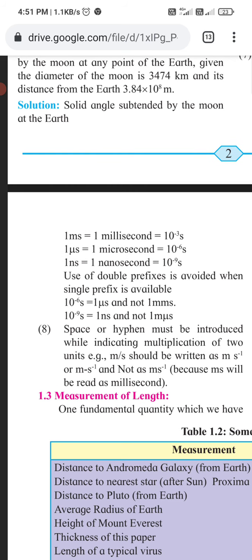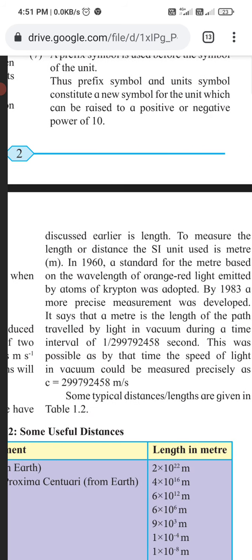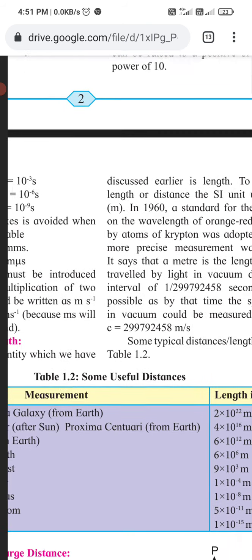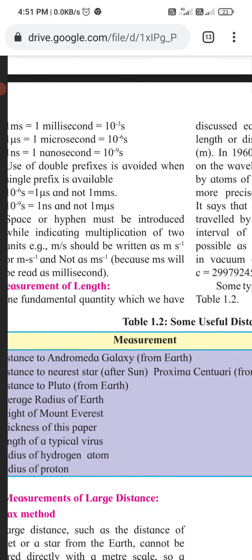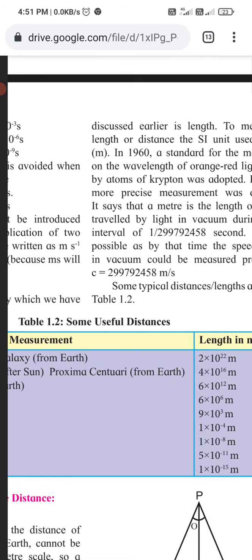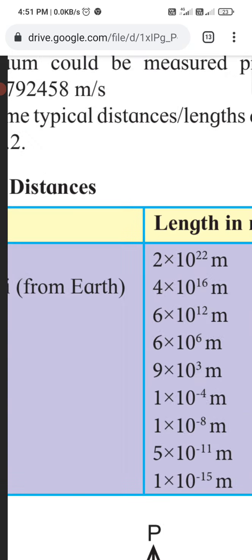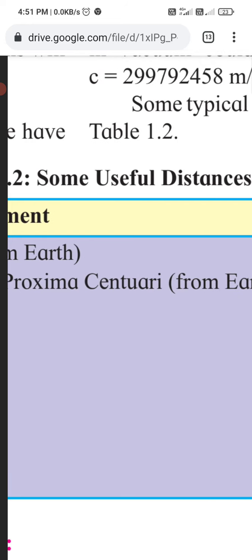Then, measurement of length. See table 1.2. Distance of the Andromeda galaxy from the Earth is 2 × 10^22 meter.